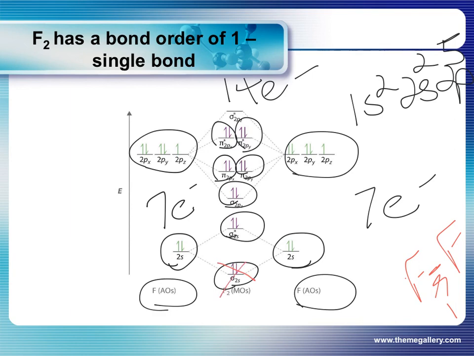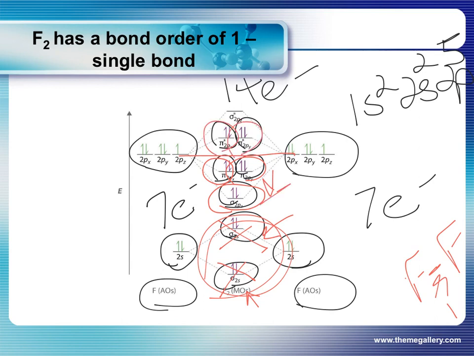If there are equal electrons in bonding orbital as there is in the anti-bonding orbital, they cancel each other out. Okay, so there's no net bonding going on down here. In the top part, you have 1, 2, 3 electron pairs in bonding orbitals, in orbitals that are lower in energy. And you have 2 pairs in an anti-bonding orbital.